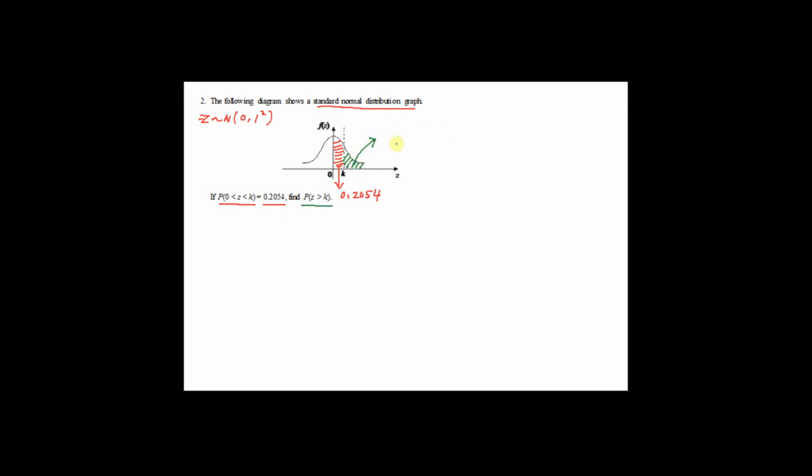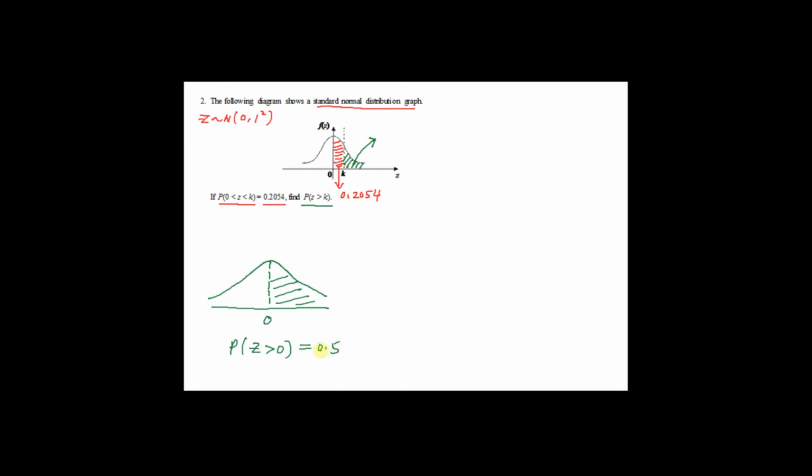So this is a very simple question and very direct. It's not necessary for you to use the table. So remember, standard normal distributions are symmetrical about the mean, which is 0. The probability Z more than 0 equals 0.5.